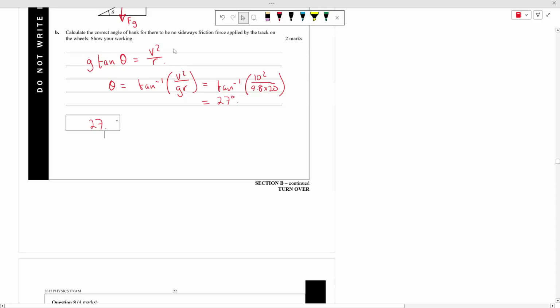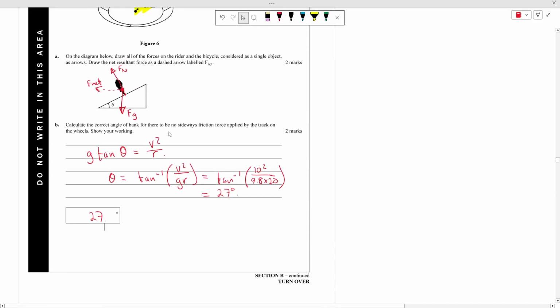So write this one down, and write down that this applies when you have an object going around a circular banked track at design speed. That's a very specific speed that it needs to be traveling at. Design speed is the speed at which there is no sideways friction applied by the track on your object. So have that on your cheat sheet if you don't have it already.